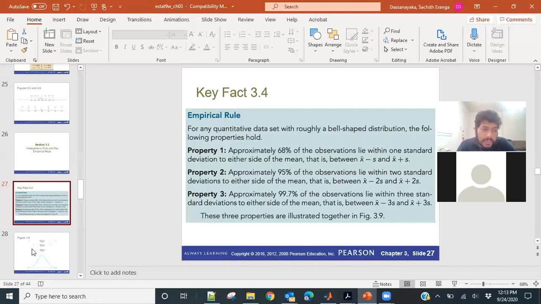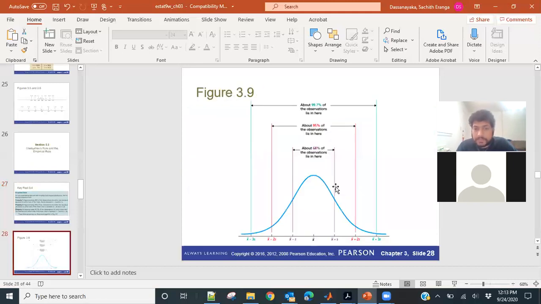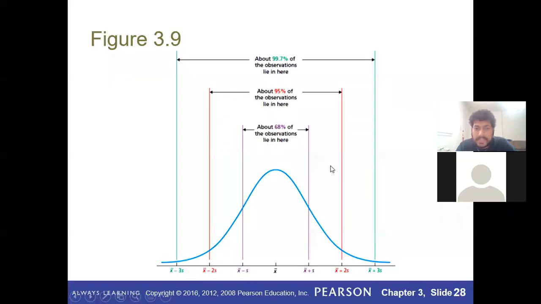Which means simply this picture. This figure illustrates the empirical rule. X bar is the middle point, here in black.